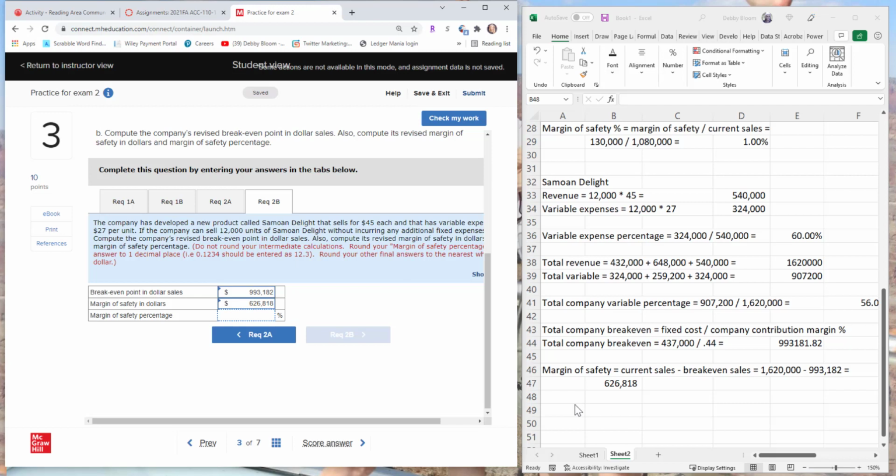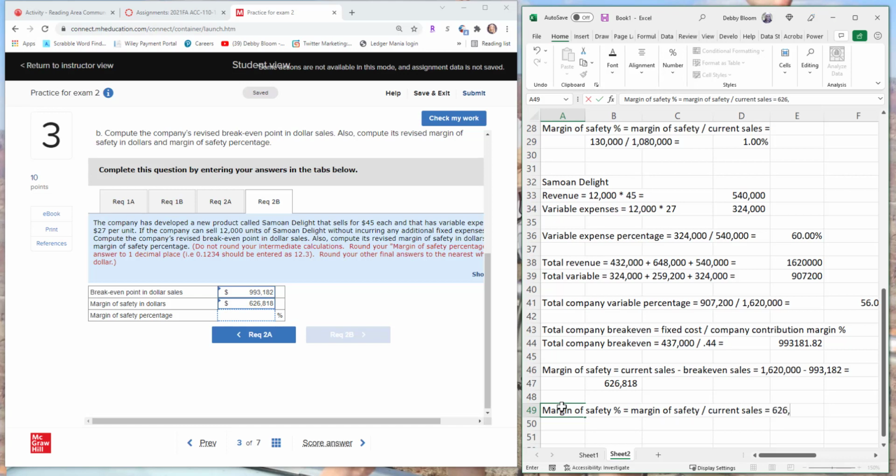So now if you remember to calculate the margin of safety percentage, we're going to calculate the margin of safety divided by the current sales. So we just calculated our margin of safety is $626,818, and our current sales are $1,620,000.